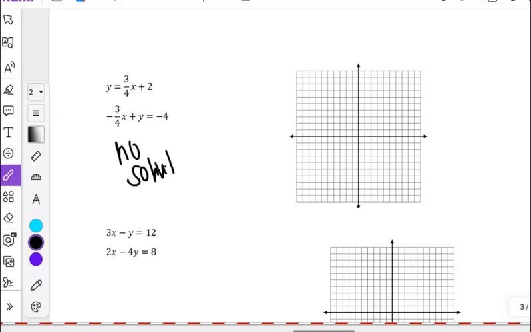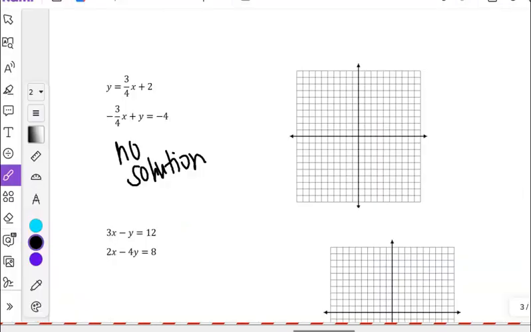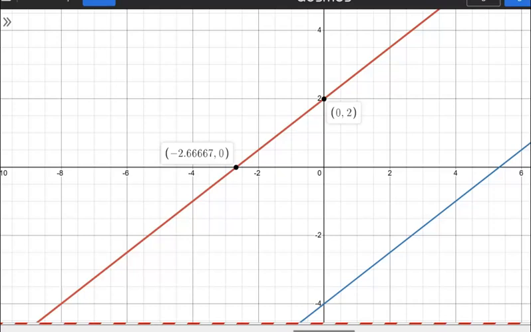But if I need to sketch the graph, this first one looks like it goes over the x at about -2 2/3 and the y at 2. So I'm going to go to the y at 2 and the x about right there. And then the second line, if you just tap on it, you can see where it's at.